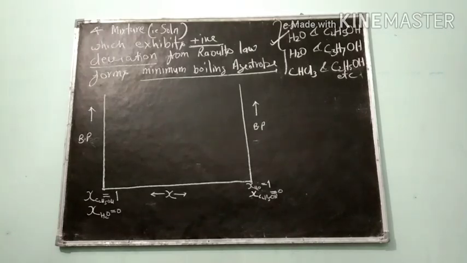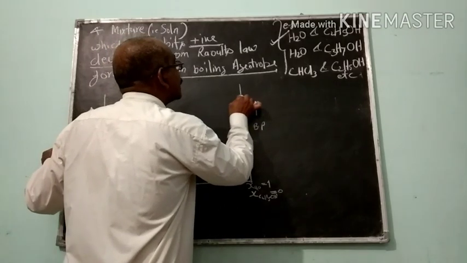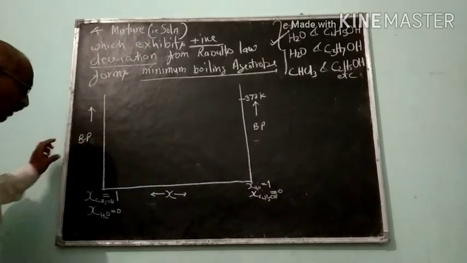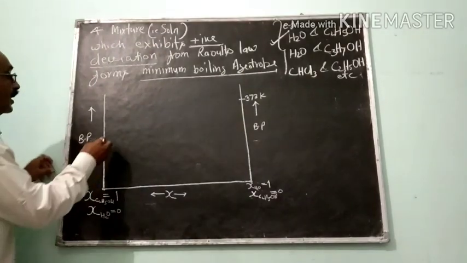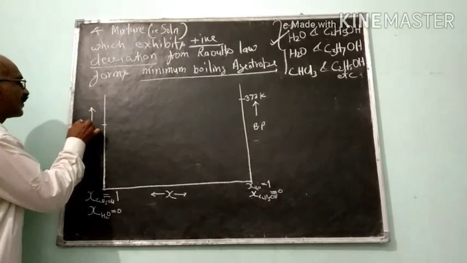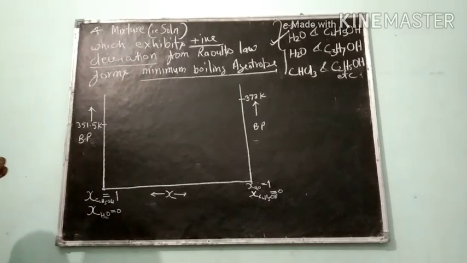Now the boiling point of water, you know, is 373 Kelvin, while the boiling point of ethanol is 351.5 Kelvin. Okay?